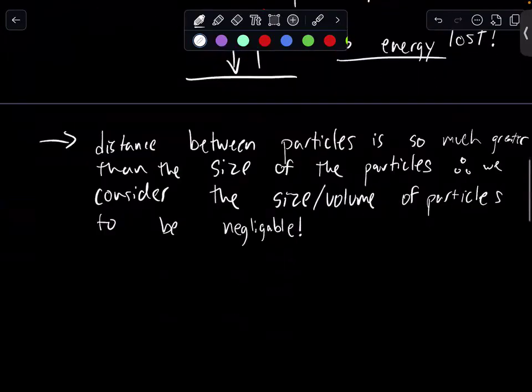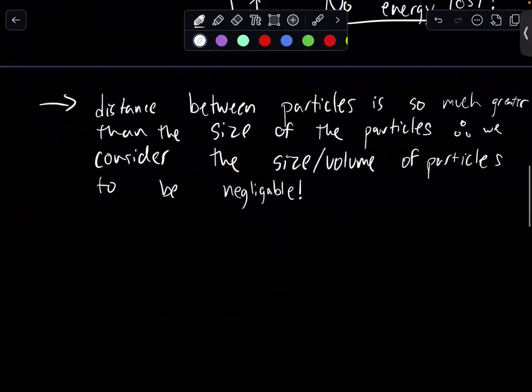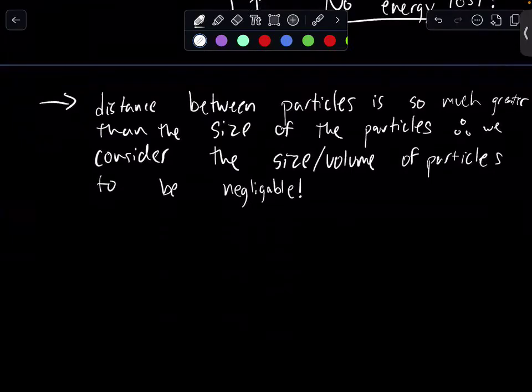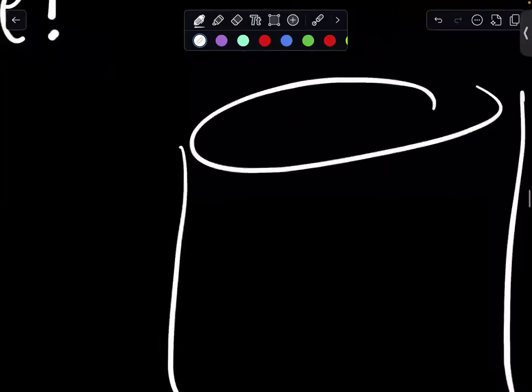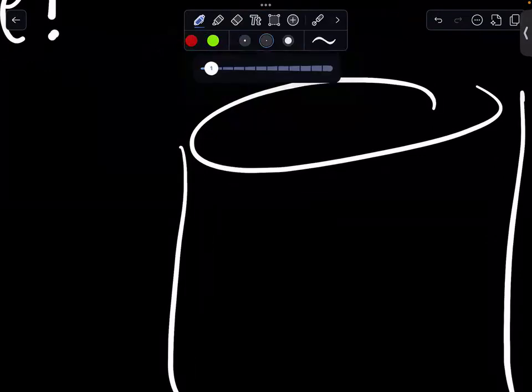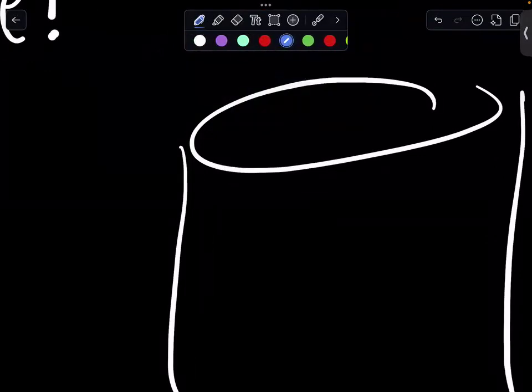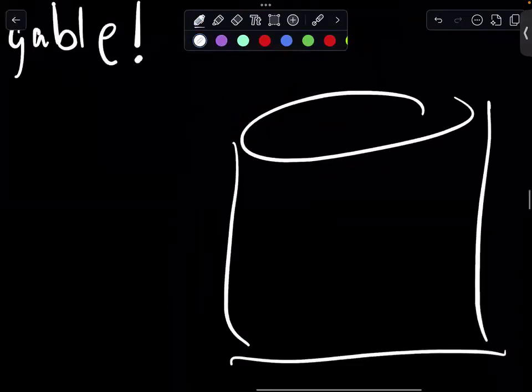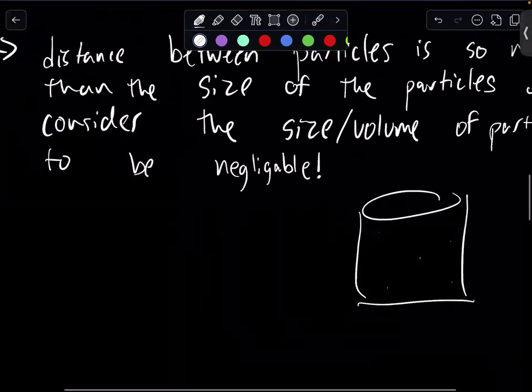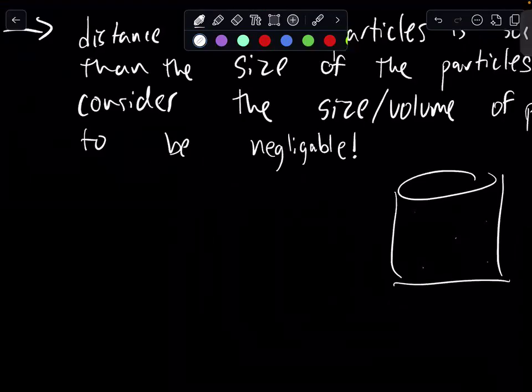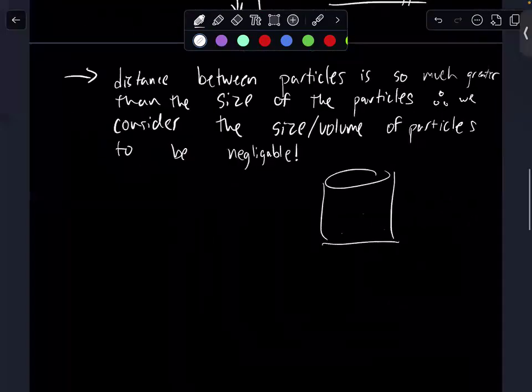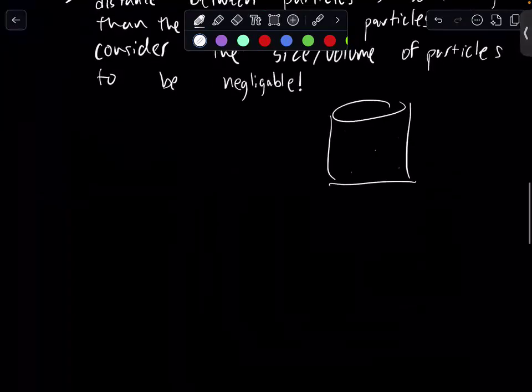So we assume that the particles don't actually have volume themselves. The volume that we're actually counting is nothing. What it means is that the particles are so small that if we were to remove them, the volume is exactly the same, because the volume of said particles is negligible, meaning we don't have to count it. It doesn't really contribute to anything meaningfully.